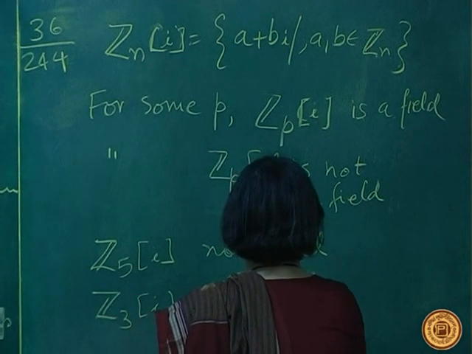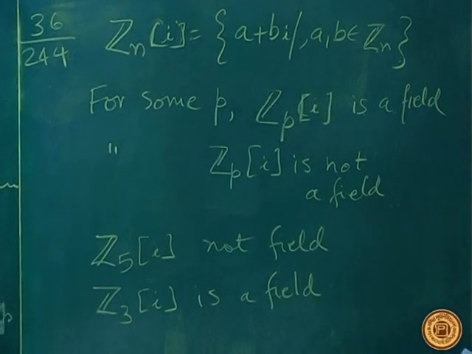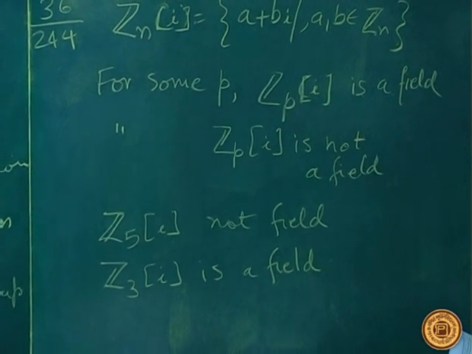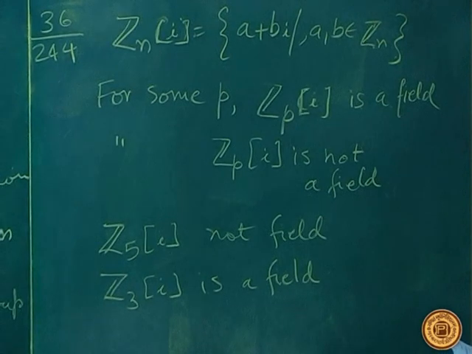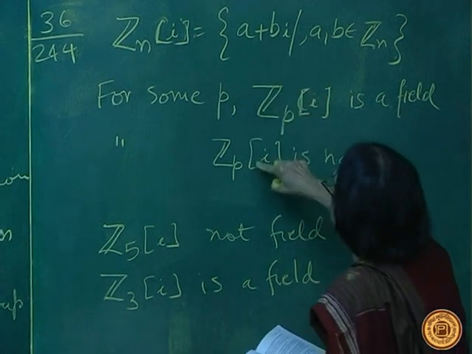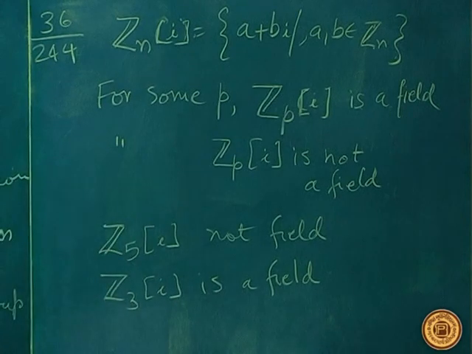Because just now we proved that all non-zero elements are in fact units and they also form a cyclic group. So what is the condition? The condition is that Zp[i] may or may not have divisors of 0. We have learnt enough of the divisors of 0.